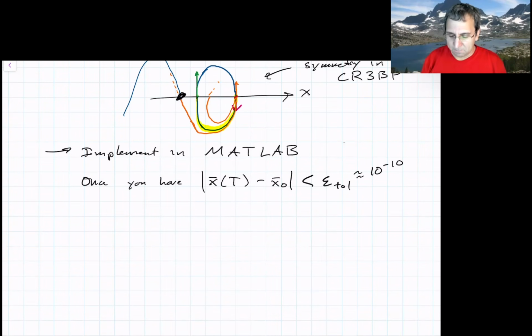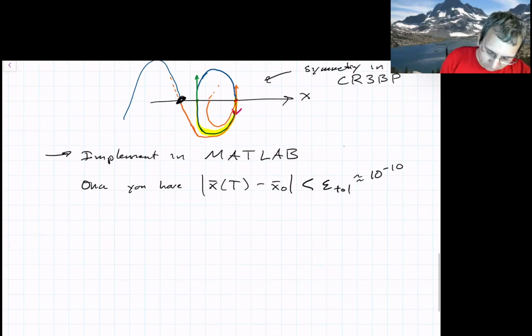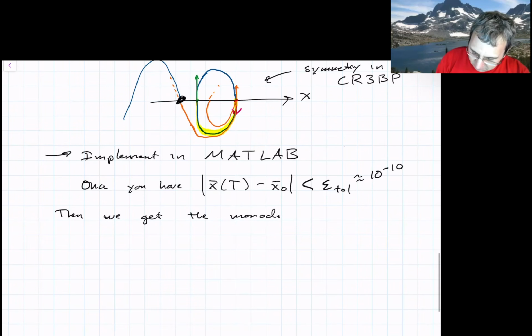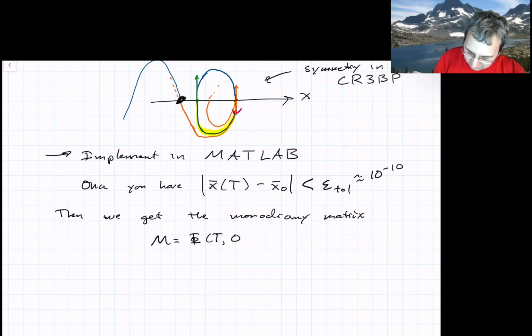Once we've done that, then we can calculate the monodromy matrix. So then we get the monodromy matrix, which is phi going from 0 to capital T. And for this n by n matrix, in this case a 4 by 4 matrix, we look at the eigenvalue spectrum and we can get corresponding eigenvectors.